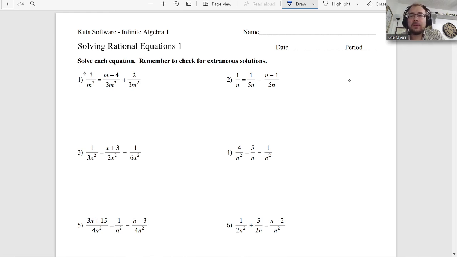Whenever you're stuck trying to figure out what to multiply, a lot of times they'll say you have to find the LCM, the least common multiple.